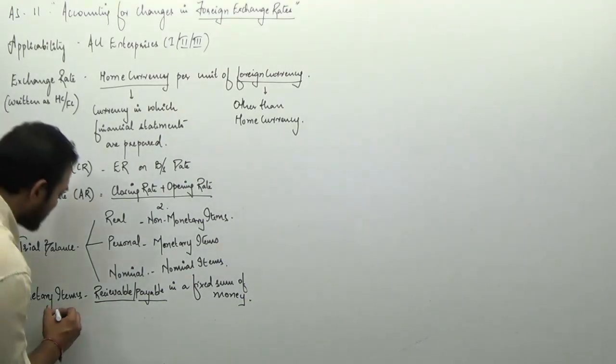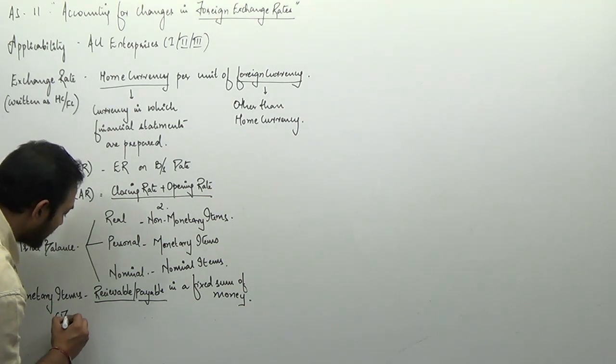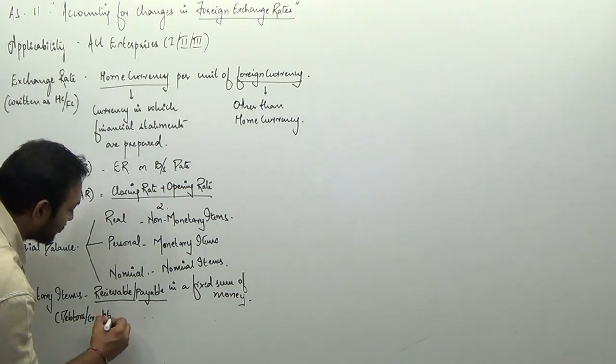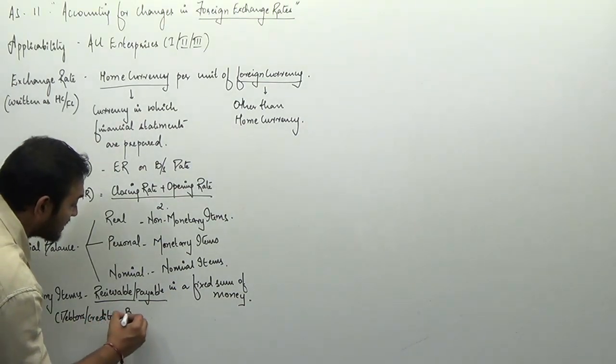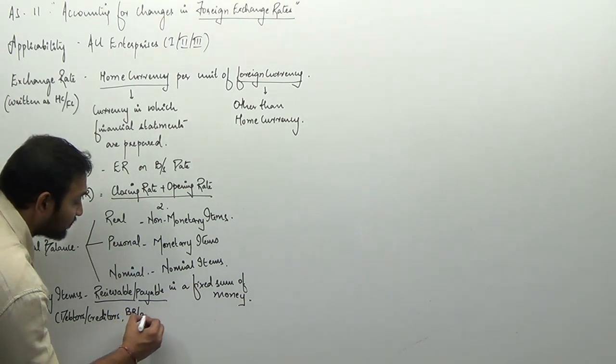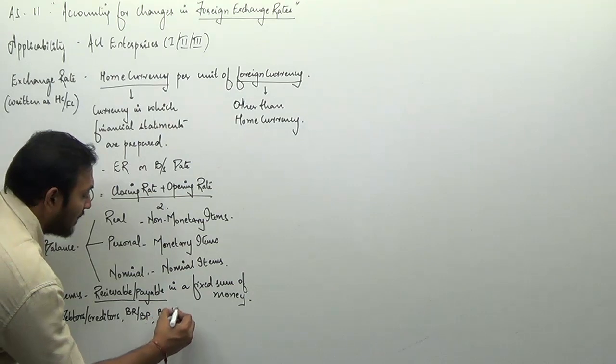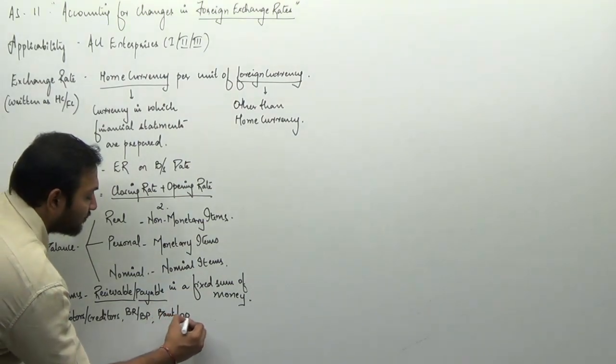Take some examples for this. Debtors, creditors, receivable, payable. Bank and bank overdraft.